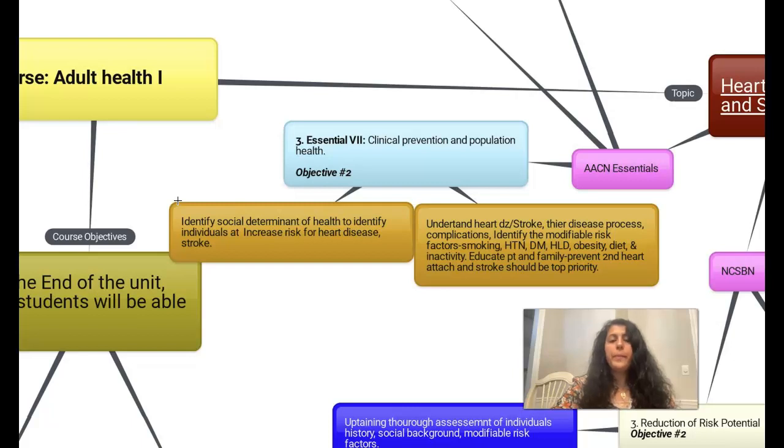This is really important because it helps the patient have a better outcome, but not only that, it hopefully prevents a second stroke, because we know that a second heart disease event, second stroke, or second heart attack is the deadly one. This essential supports objective number 2.